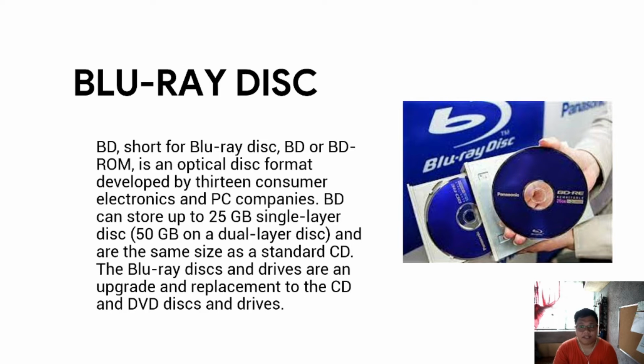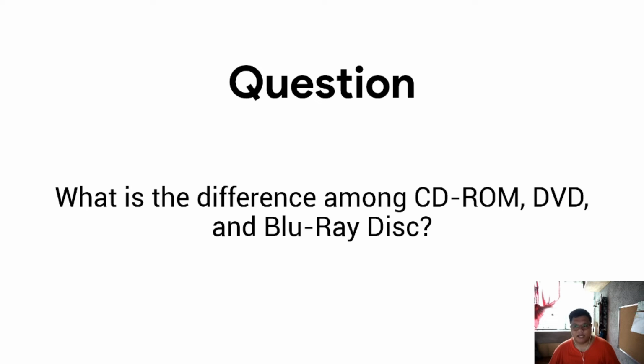CD is around 700 megabytes, DVD is around 4 gigabytes, and Blu-ray disc is around 25 gigabytes. So those are the main differences in optical storage devices. Again, for the CD-ROM, DVD, and Blu-ray disc, the main difference is their storage capacity.